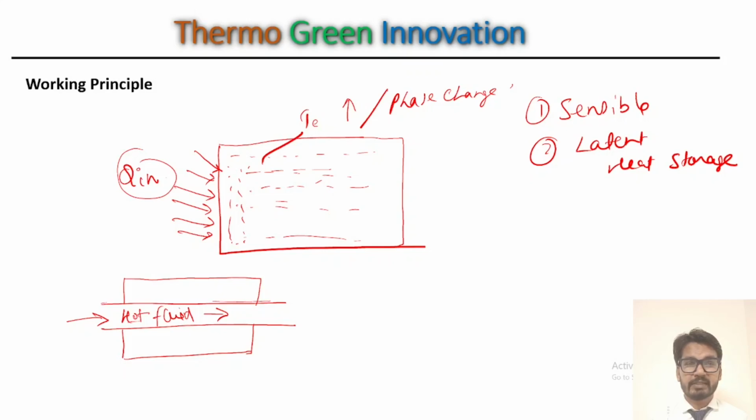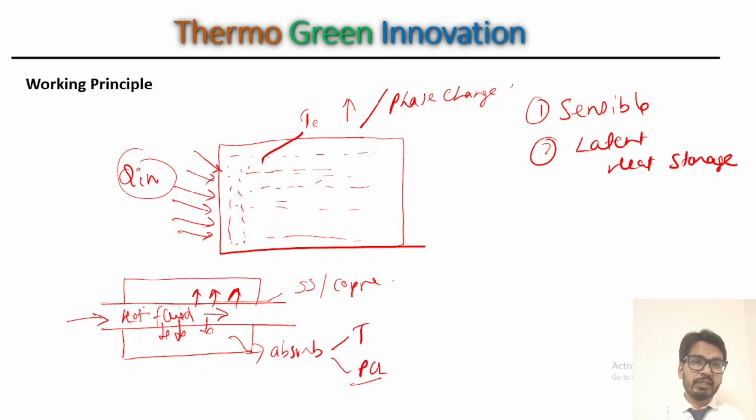It could be a metallic wall, SS, copper. So hot fluid goes, it transfers its heat to the surrounding media, and the media absorbs heat in the form of temperature or in the change of phase. So in this way, the heat gets stored in thermal energy storage. Very simple principle.